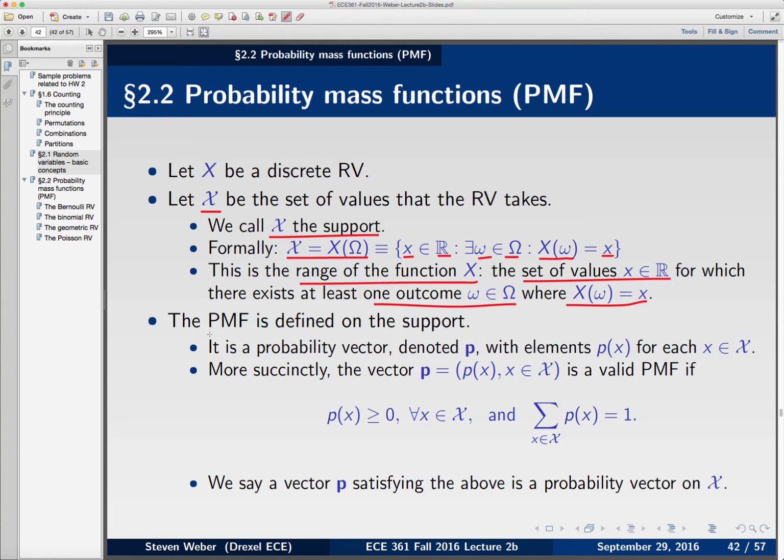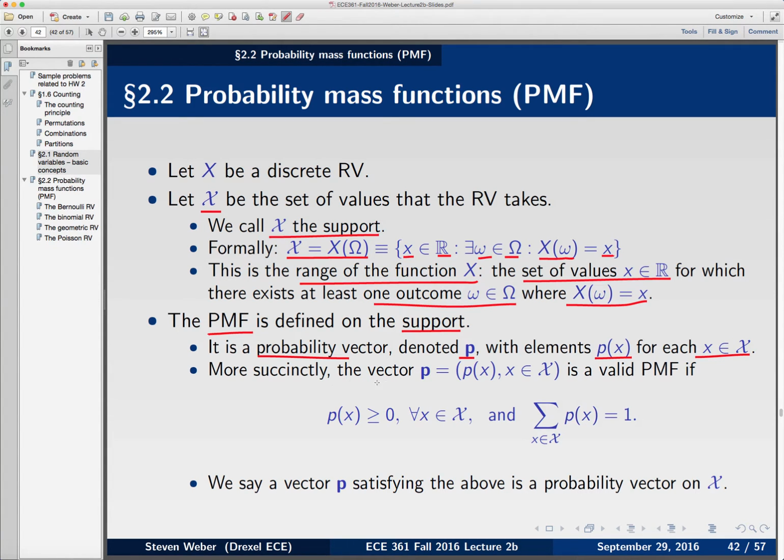The probability mass function, for the case of discrete random variables, is a vector that's defined on the support script X. It's a probability vector, denoted in bold as a bold p. Sometimes we'll write p sub X to emphasize it is the probability mass function for the random variable X. This vector p has elements p of x, one such element for each value x in the support.